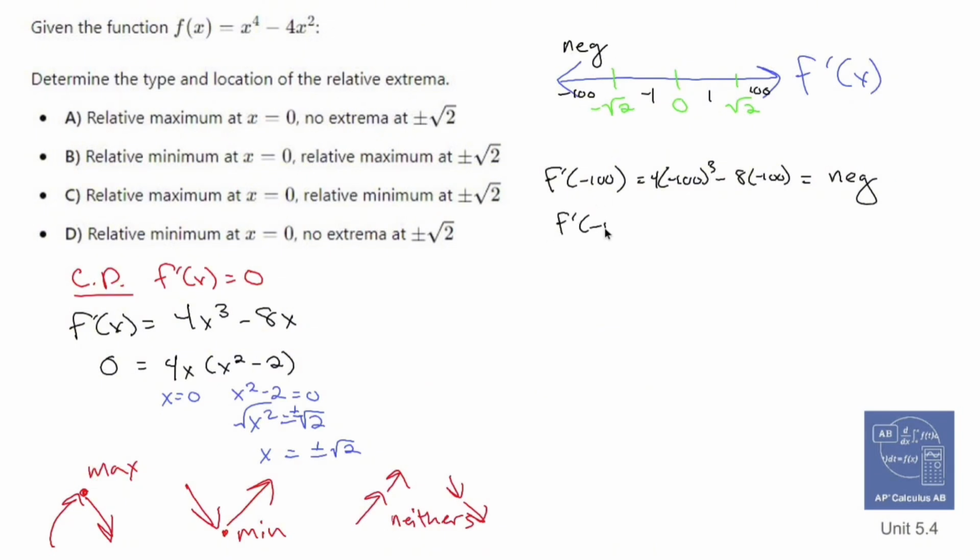f prime of negative 1 is equal to 4 times negative 1 cubed minus 8 times negative 1. Negative 1 cubed is negative 1, 4 times negative 1 is negative 4, and negative 4 plus 8 is a positive number. f prime of 1 is 4 times 1 cubed minus 8 times 1, so you get 4 minus 8, which is negative.